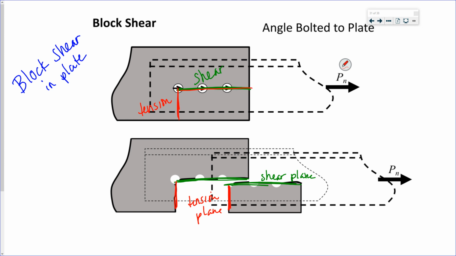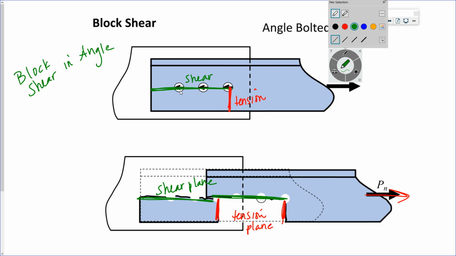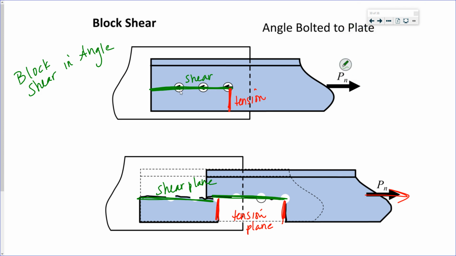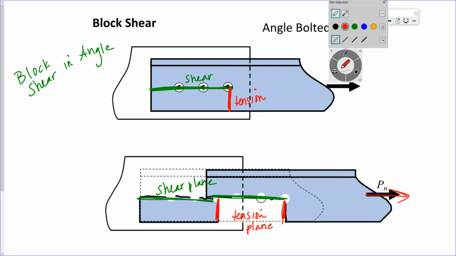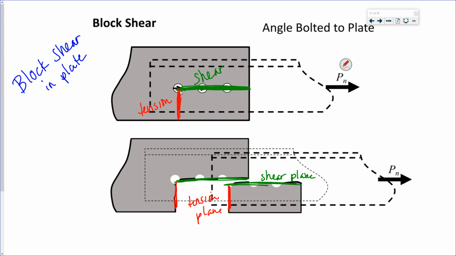This distance right here, the shear might be longer or shorter than this distance, plus you have to multiply it by the thickness. And then similarly, my tension, this looks like it might be a little bit shorter than this, but if my plate is thinner, it might fail more. You gotta check both. But that's how you could have block shear of part of your angle or block shear of a plate that's bolted to the angle.